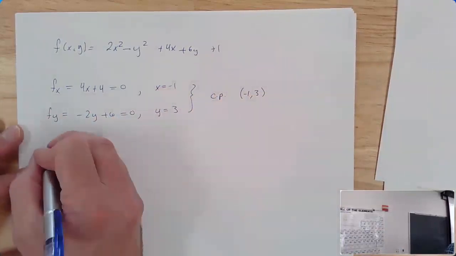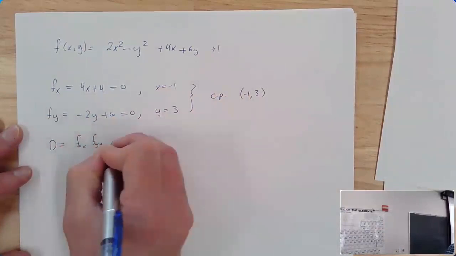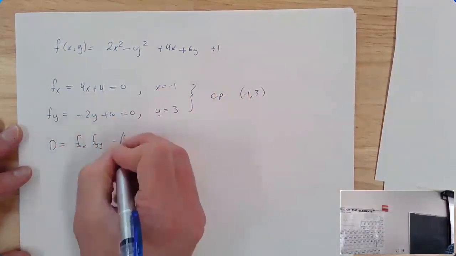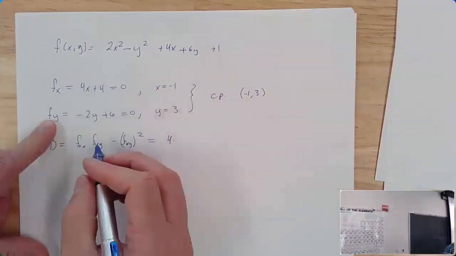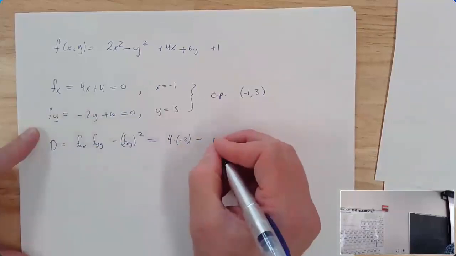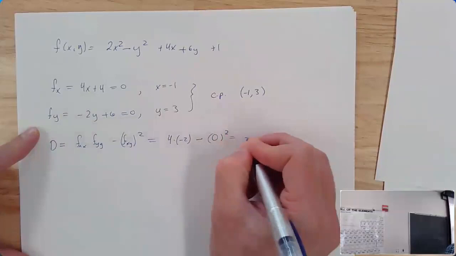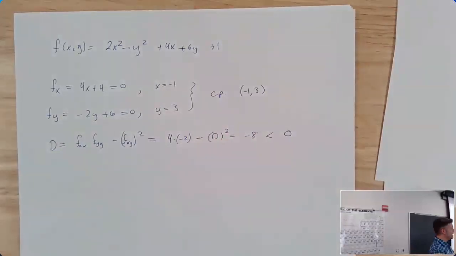And then to find the determinant of our Hessian, it's going to be fxx times fyy minus fxy squared. Still not particularly exciting. Fxx is 4, fyy is -2, and fxy again is 0. So we end up with -8, which is negative. And when this D is negative, what does that mean?